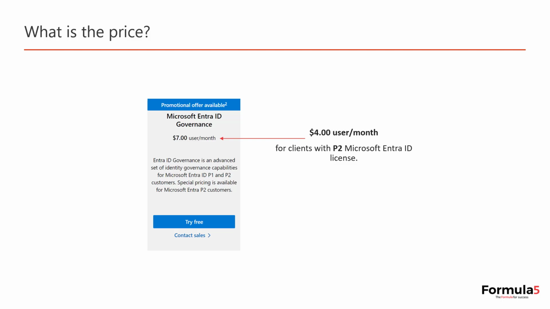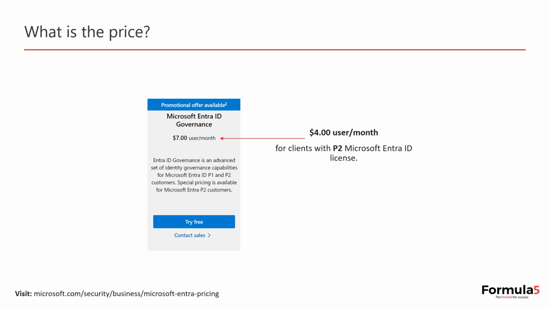Yes, if you have a Premium P1 license for your Microsoft Entra ID tenant, you have to pay $7 per user per month. If you have a Premium P2 license for your Microsoft Entra ID tenant, then you have to pay $4 per user per month. One disclaimer, this price can change, so it's always worth visiting the official pricing page for Entra, available under the link presented on this slide.